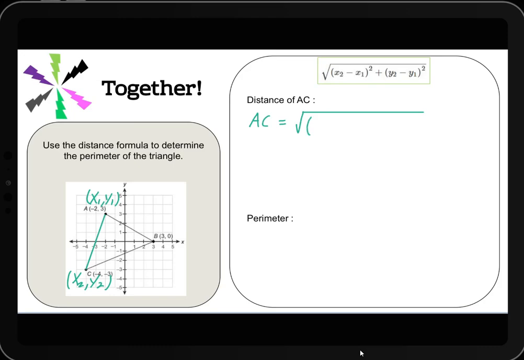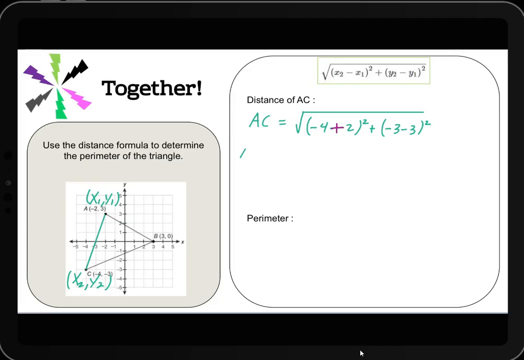So x2 is -4, and we're going to subtract -2 quantity squared, plus our y2 is -3, minus our y1 is just a 3, square that. Once again, negative negative is positive.